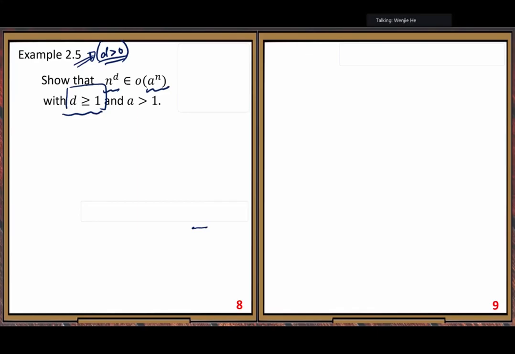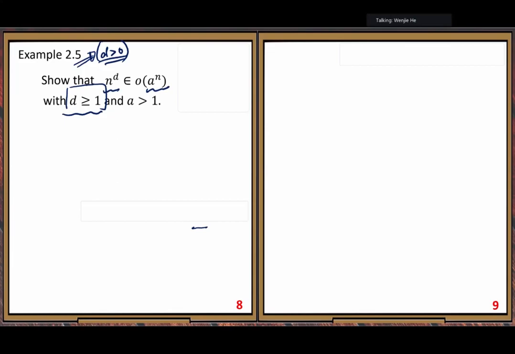Because in our strategy, we consider the simplest case first. So what's the simplest case here? Make d an integer, a positive integer, because d is greater than or equal to 1.